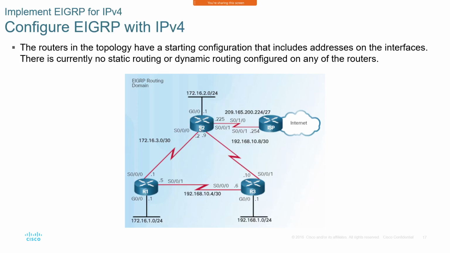Now, if router 2 knows about the LAN connected to router 1, that is not yet enough, because router 1 still needs to know about router 2's existence. If router 1 doesn't know about the LAN connected to router 2, it won't be able to reach it. So in order to make sure every single router knows about every other router, we need to configure a dynamic routing protocol on all of these routers so they can tell each other what networks are connected to them. And we're going to do this right now.